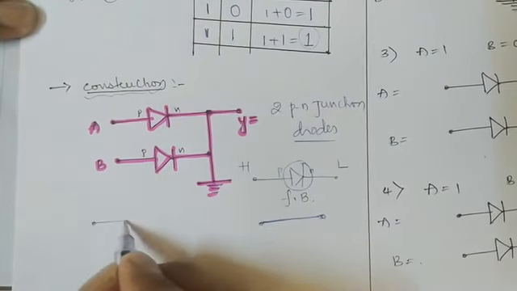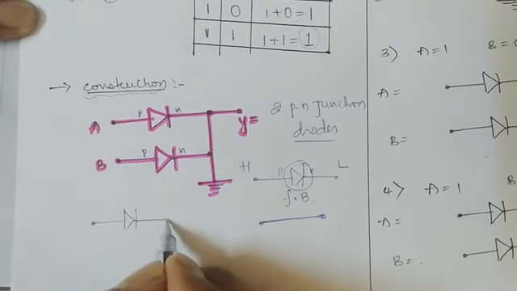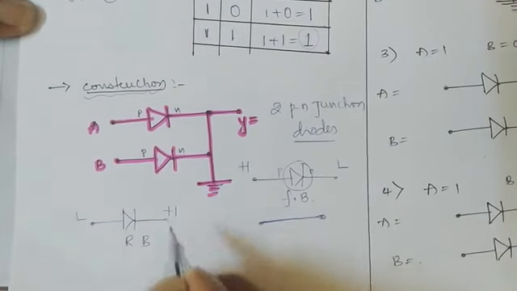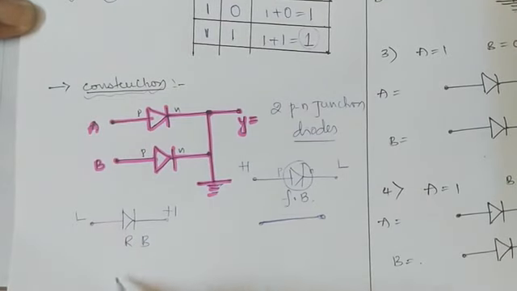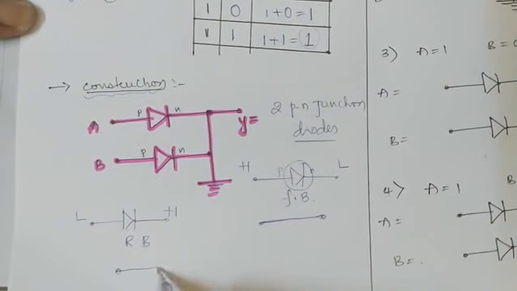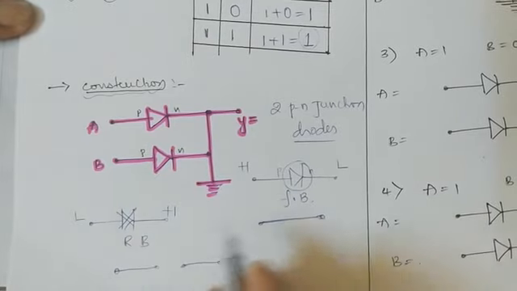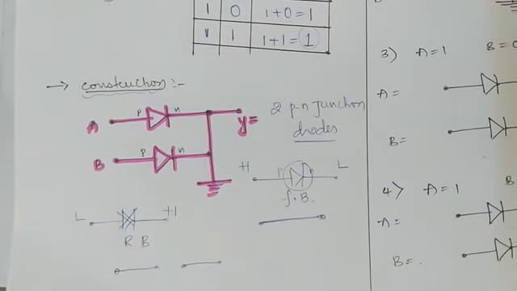Similarly, if the PN junction diode is reverse biased, with low voltage on P and high voltage on N, it acts as an open circuit. That means no current flows through the circuit. We have to remember this to understand the working of this gate.